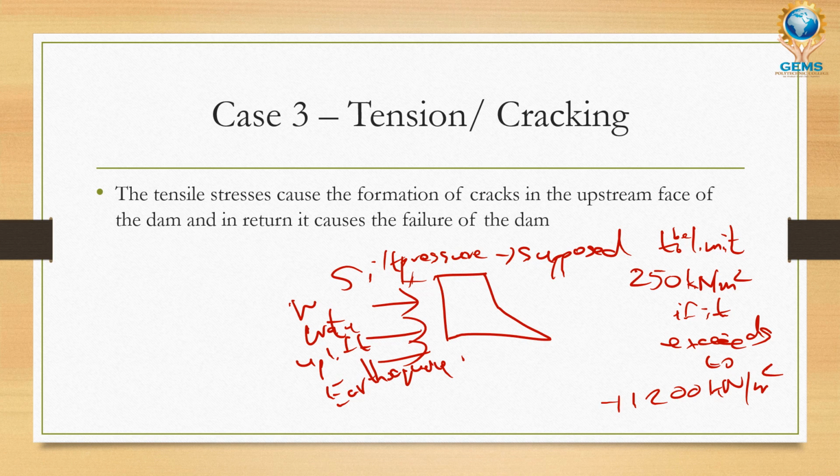This additional pressure with these pressures like water pressure, uplift pressure, and earthquake forces causes the failure of the dam. Could you understand this?